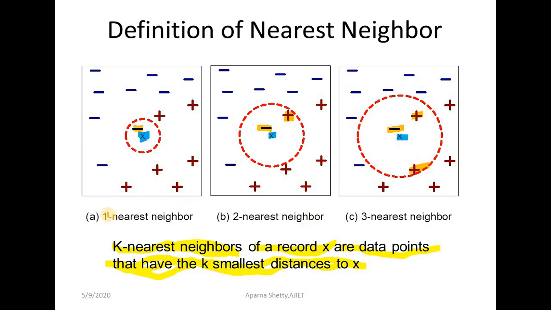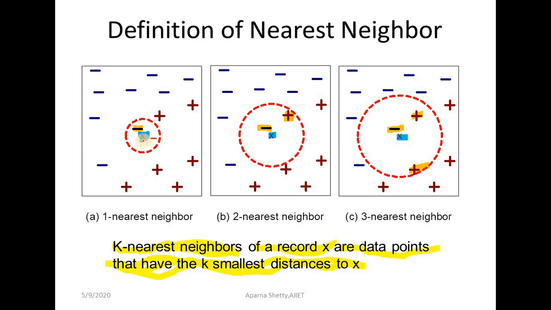Now suppose I want to classify this test data X. The nearest neighbor over here has the class label minus. Since I have only one nearest neighbor here and it has the class label minus, I will assign the class label of this test record also as minus.